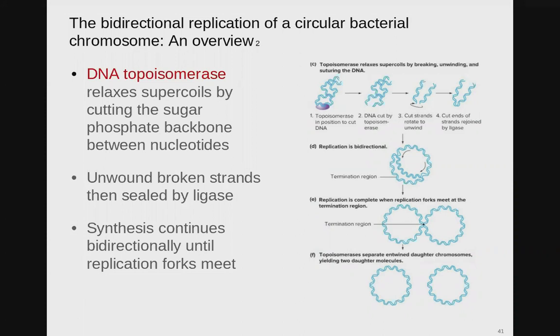But what you need to know is that replication in prokaryotes, and maybe this wasn't super clear from the slides, goes one way, it goes the other, they meet together, and you get 2 brand new circular chromosomes. That's all I really care that you know. Because what we talked about before was just a completely linear section of DNA.